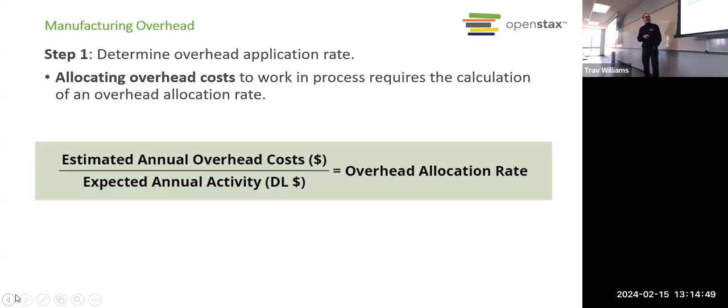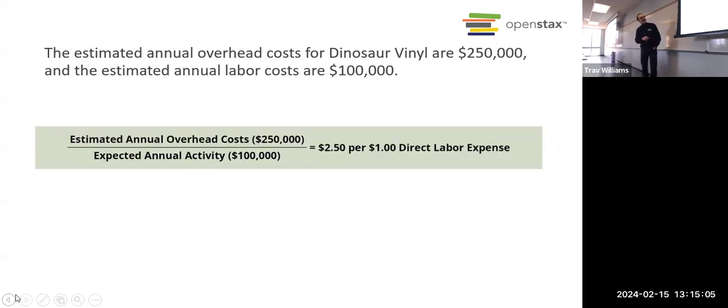And so that overhead rate, at the end of the job, you just multiply by the direct labor costs, hours, or machine hours, to know how much overhead to apply, right? That is the process.